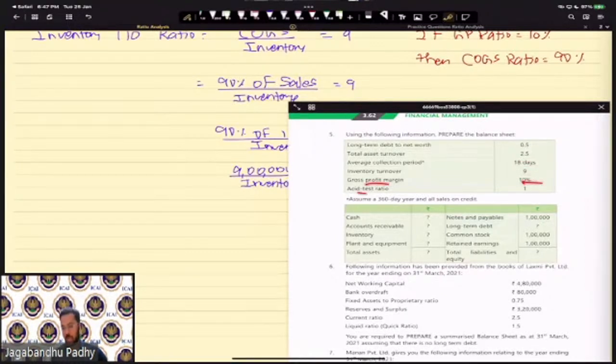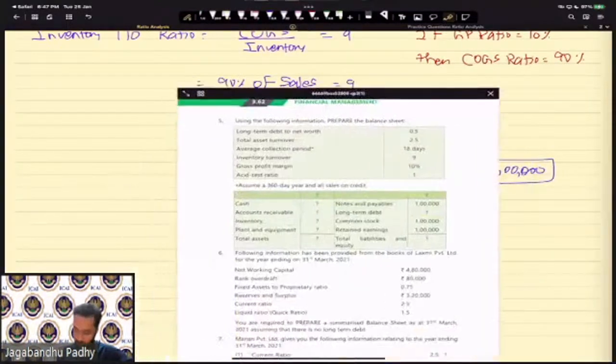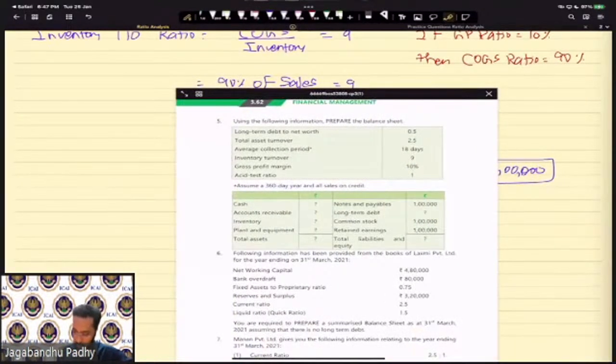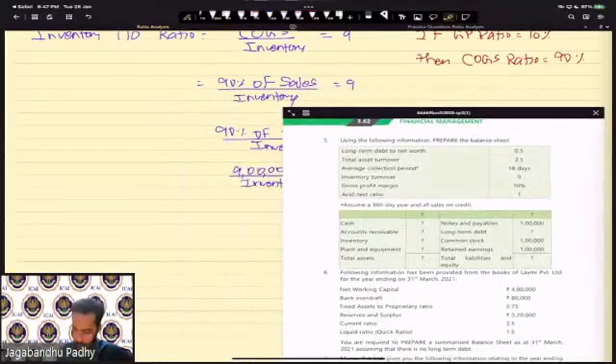Inventory turnover, inventory is 1 lakh. GP margin is used. Now only one thing is pending, so that is the acid test ratio. We know it's the simple part, which is about the quick ratio. So now you have to use this quick ratio.